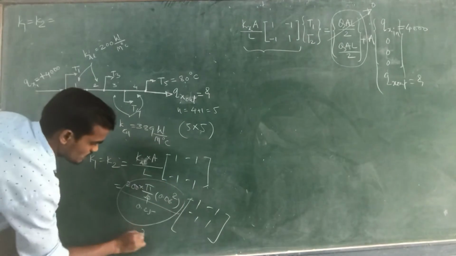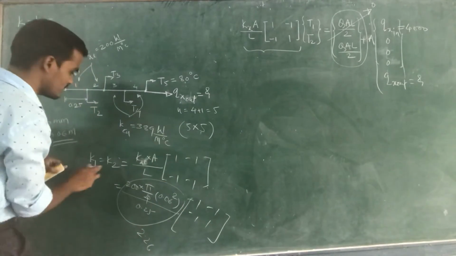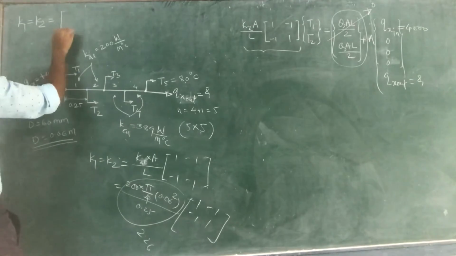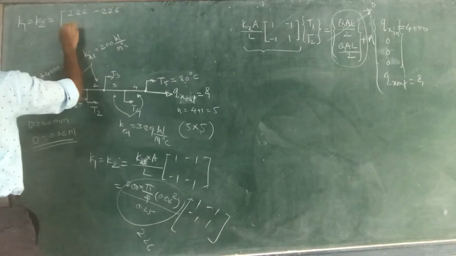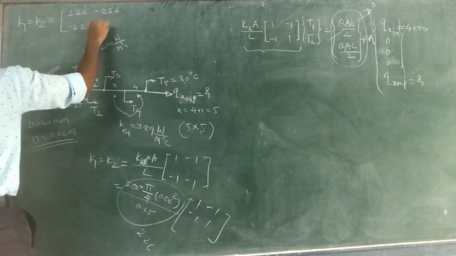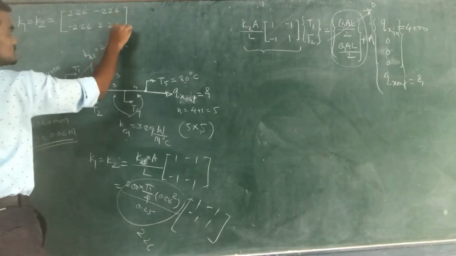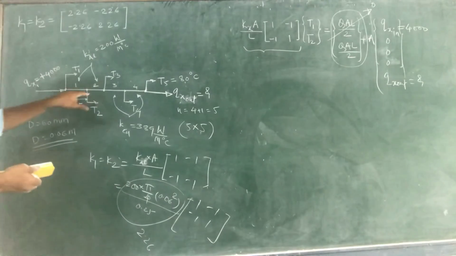So K1 and K2 are equal to 2.26, minus 2.26, minus 2.26 and 2.26. So this is your first and second elementary stiffness matrices.